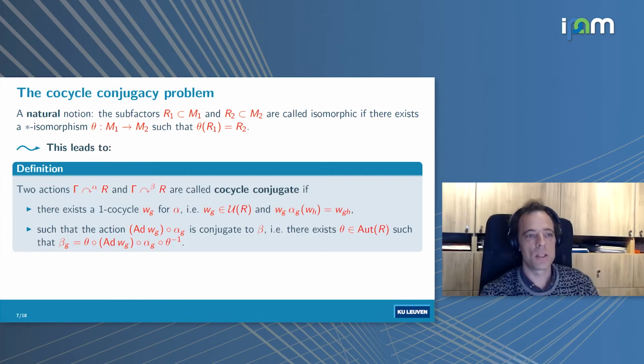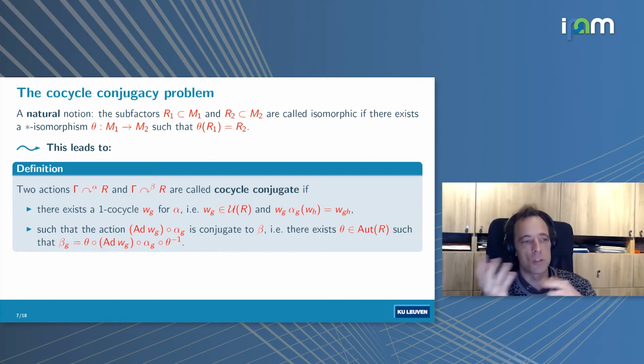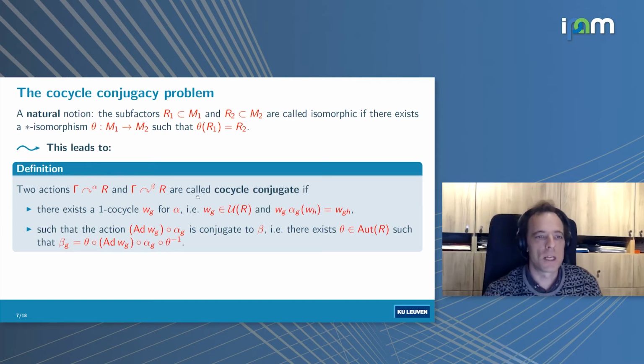Now, if you translate this properly and apply it to these two cross-product inclusions, it turns out that the natural notion of isomorphism or equivalence between two given free actions of gamma on the hyperfinite II_1 factor is the notion of cocycle conjugacy. So what is cocycle conjugacy?